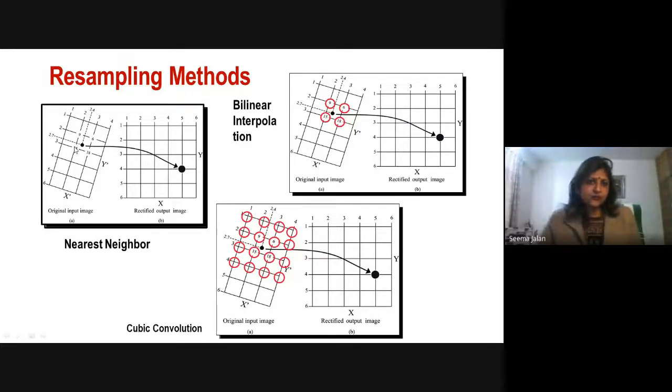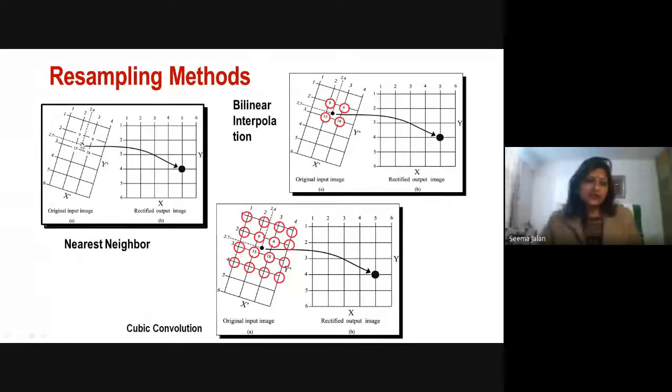So 0.7 square plus 0.4 square, take the sum of both the squared values and take a square root. You will get this straight line distance.